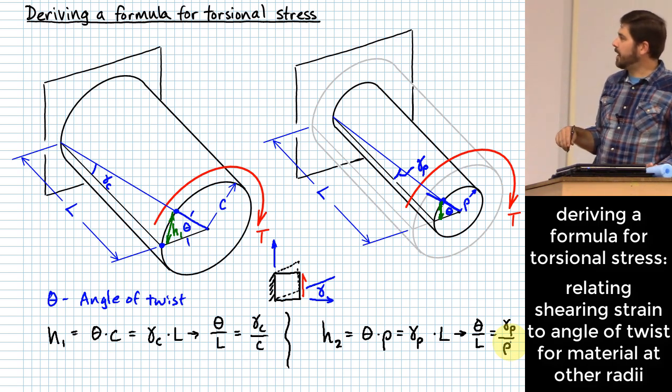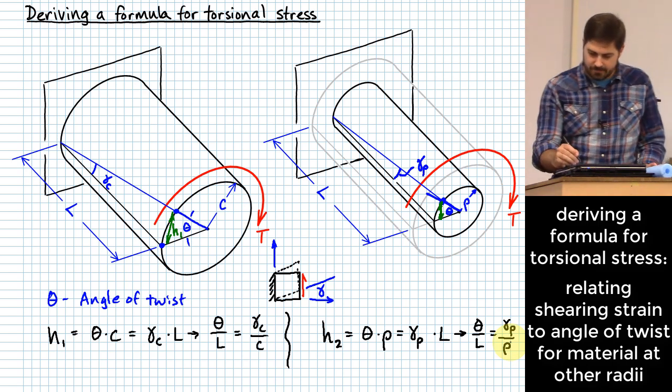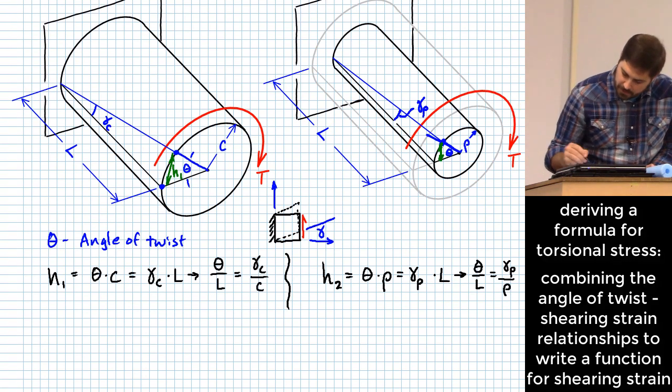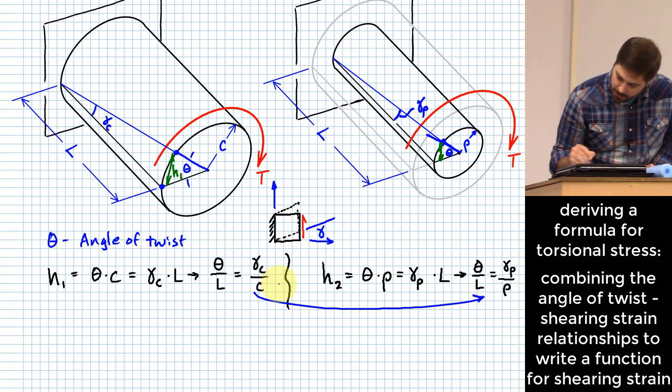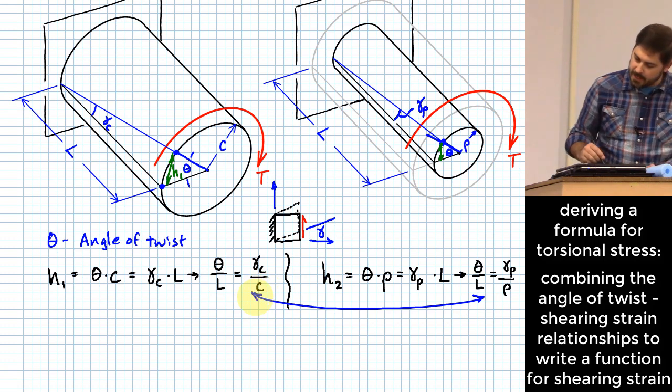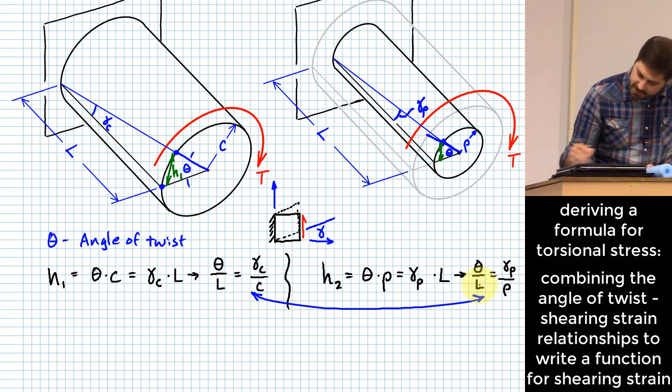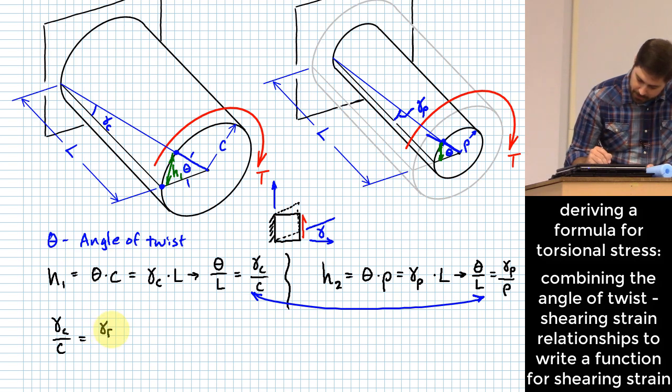You might go, okay, fine. So what? Well, let's take these two, and because they're both set equal to theta over L, why don't I set them equal to each other? Gamma sub C over C is equal to gamma sub rho over rho.